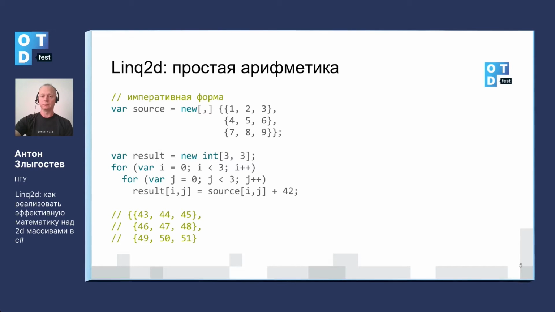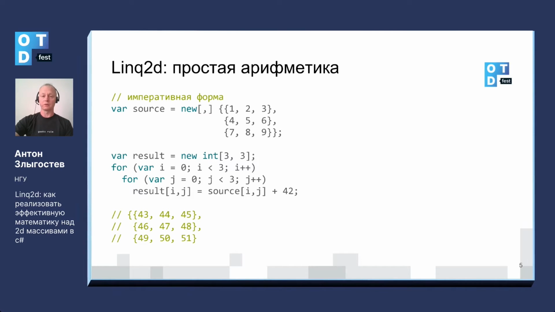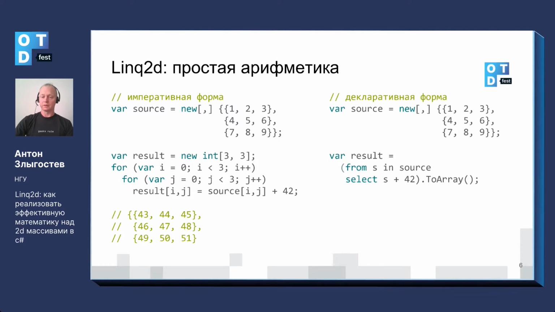So let's start with just arithmetics. Imagine we have an array of numbers, and we want to create another array that has the same numbers but plus 42. So we take two cycles, starting from 0 to 3, and calculate it. We can also declare it in a Linq style.